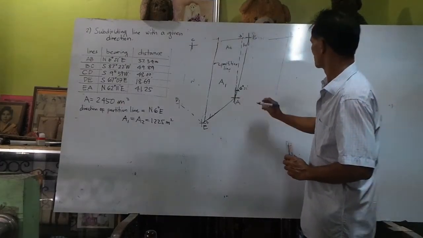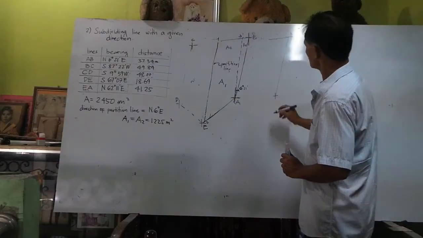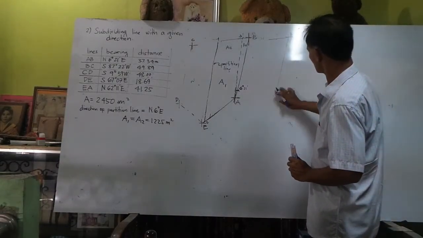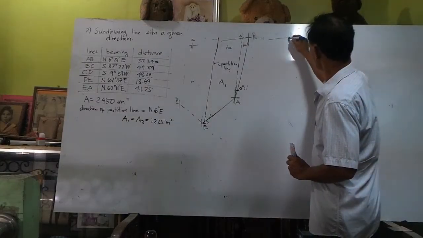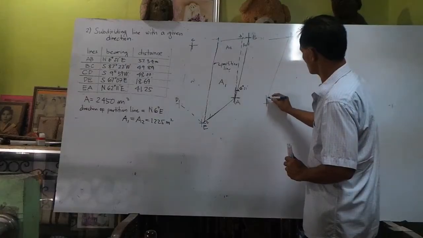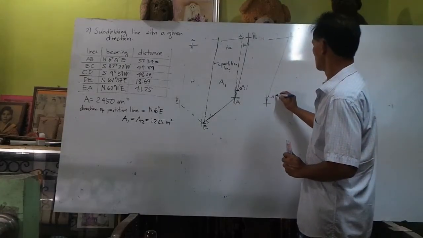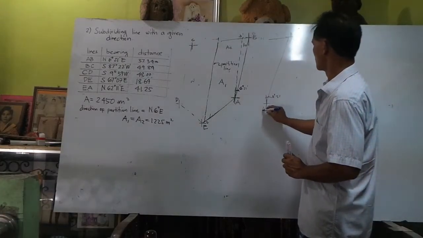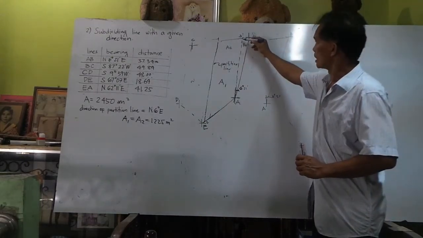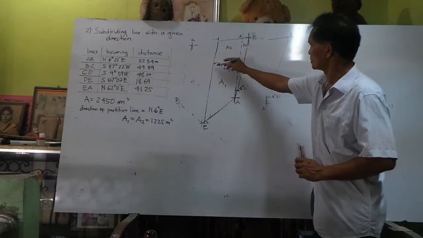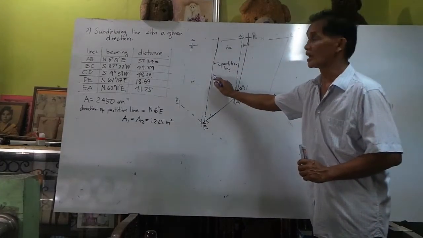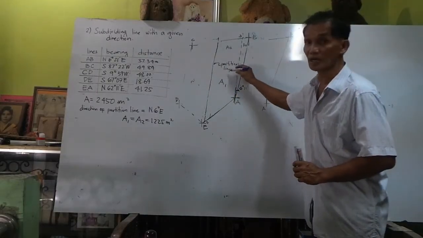6 degrees and 21 minutes for line AB. Then the other line, which is part of the trapezoid, is parallel to this partition line.